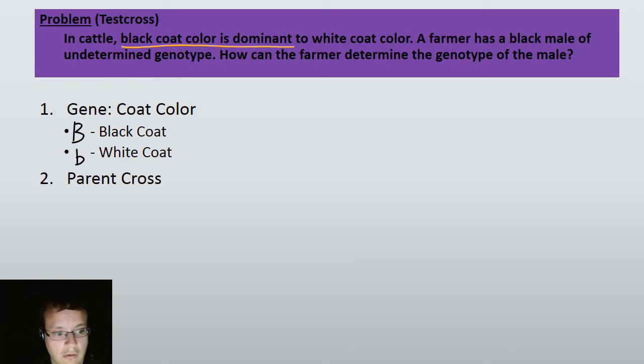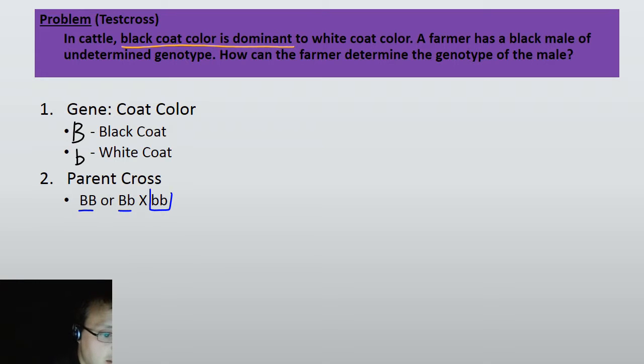So the parent cross, we do not know. So the parent cross could be homozygous dominant or heterozygous. We don't know. So this is the way how you would actually determine it with what's called a test cross. We do know that white color is going to be the homozygous recessive, because the only way a recessive will ever be shown is if it's paired with another recessive, as in this case here.